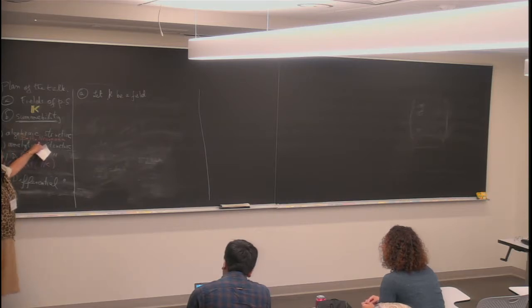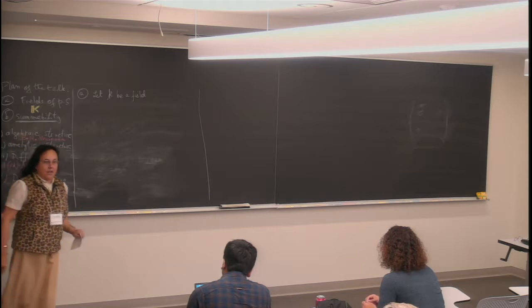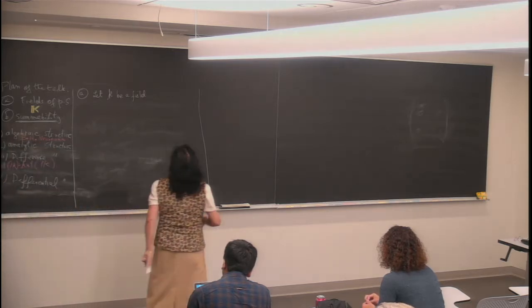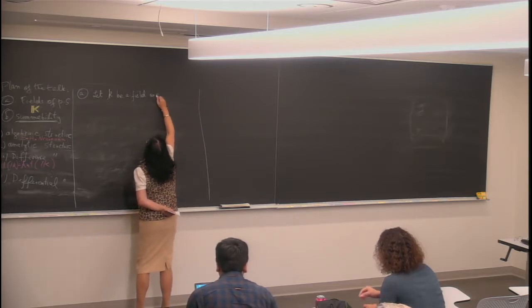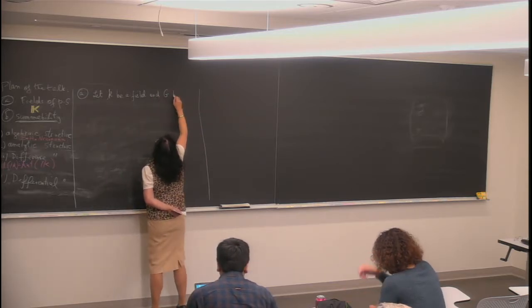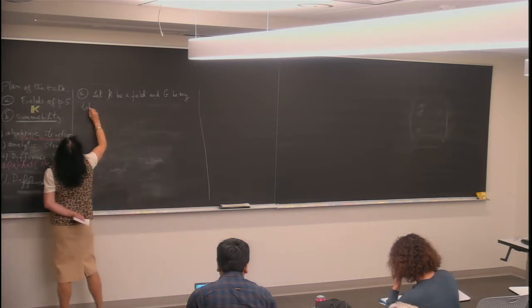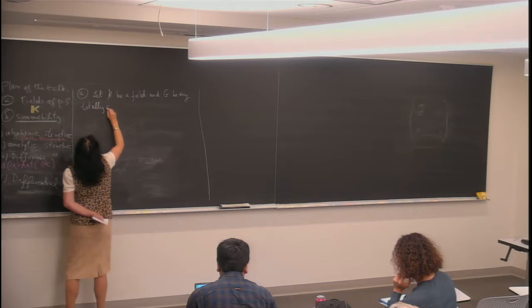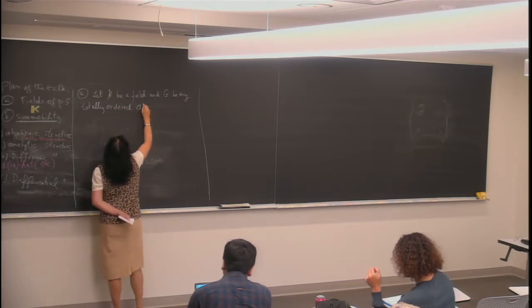So let k be just any field and G be any totally ordered abelian group. I will write them additively since they are abelian, and I will mainly assume that G is not the trivial group.